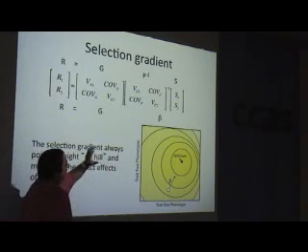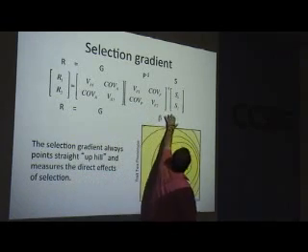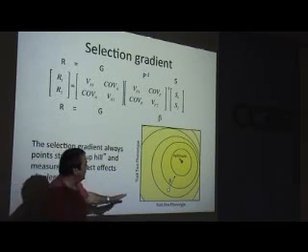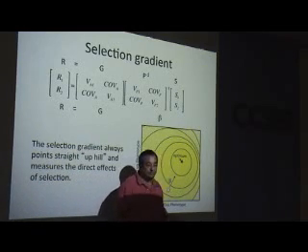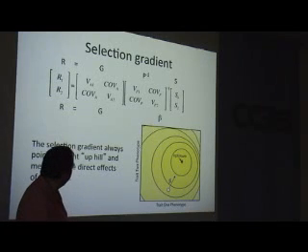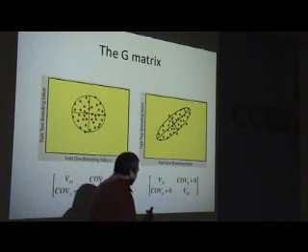But the beta vector has removed those indirect selection effects, and points directly uphill. Okay, so this is where the G matrix comes in.